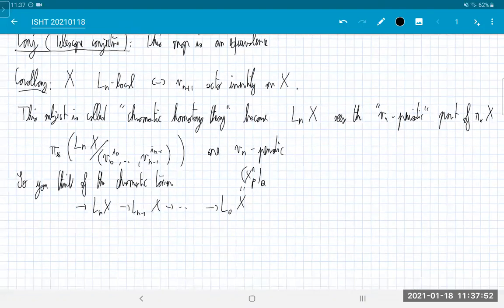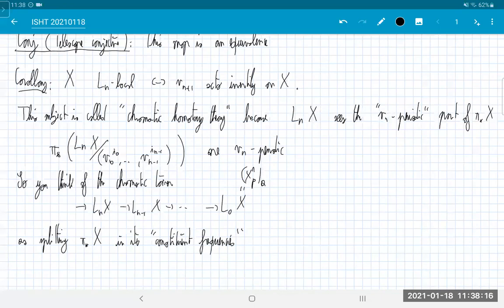Yeah. And you think of this chromatic tower as splitting the homotopy groups of x into its constituent frequencies. So sort of like when you take a ray of light and put it through a prism, you get different rays, one in each its own frequency, so its own periodicity.